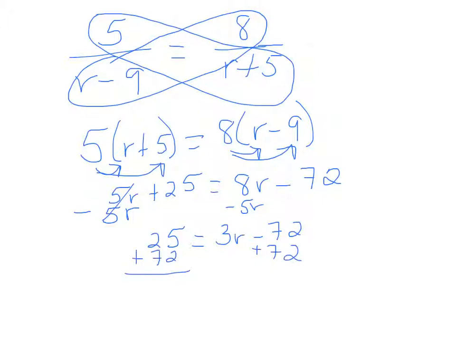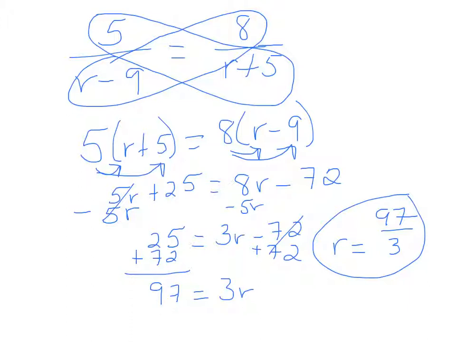So when I add, I'm going to get 97. The only thing left on the other side of the equation is the 3r, and that is not going to go into it evenly. 97 is not divided evenly by 3, so I'm just going to leave it as a fraction. My r value is going to be 97 divided by 3.